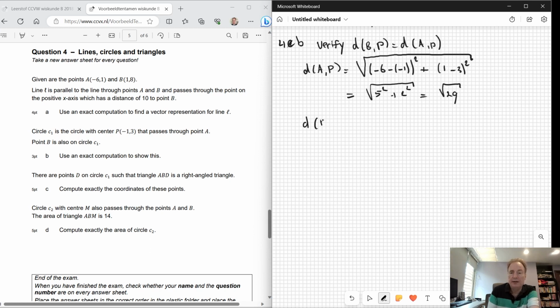So let's check the distance to P from B. I get 1 minus -1 squared plus 8 minus 3 squared, square root.